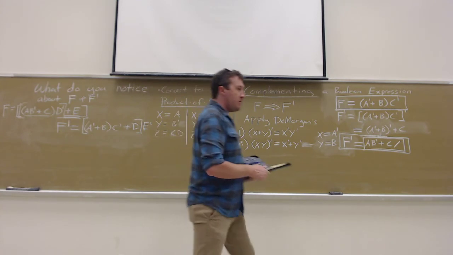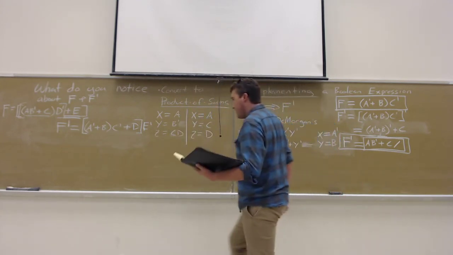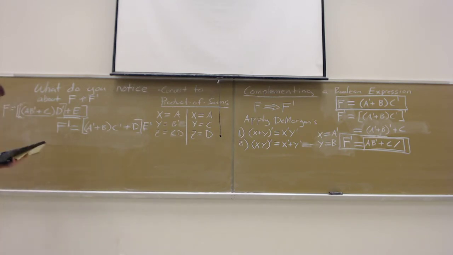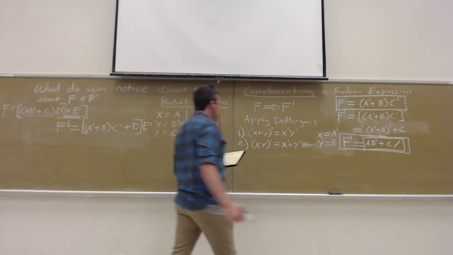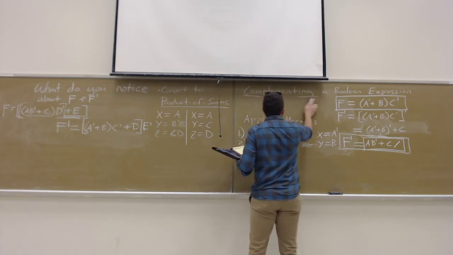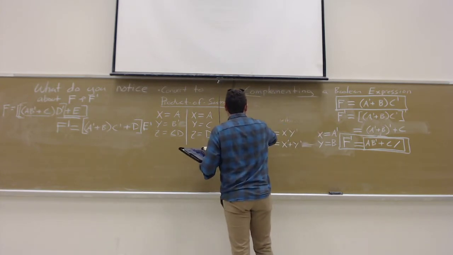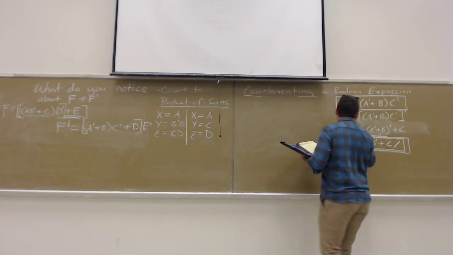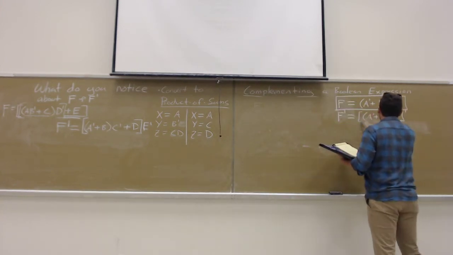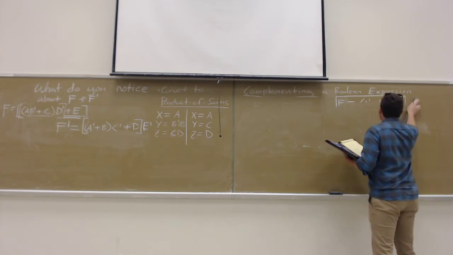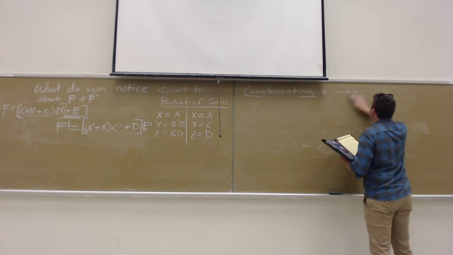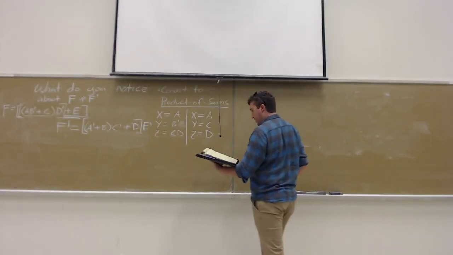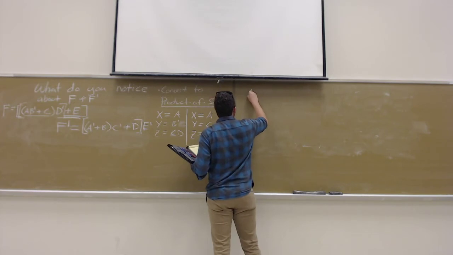I want to introduce one more simplification theorem that comes in handy sometimes. It has to do with when we're trying to multiply out to get our sum of products form. So I'm going to title this a new theorem for multiplying out.